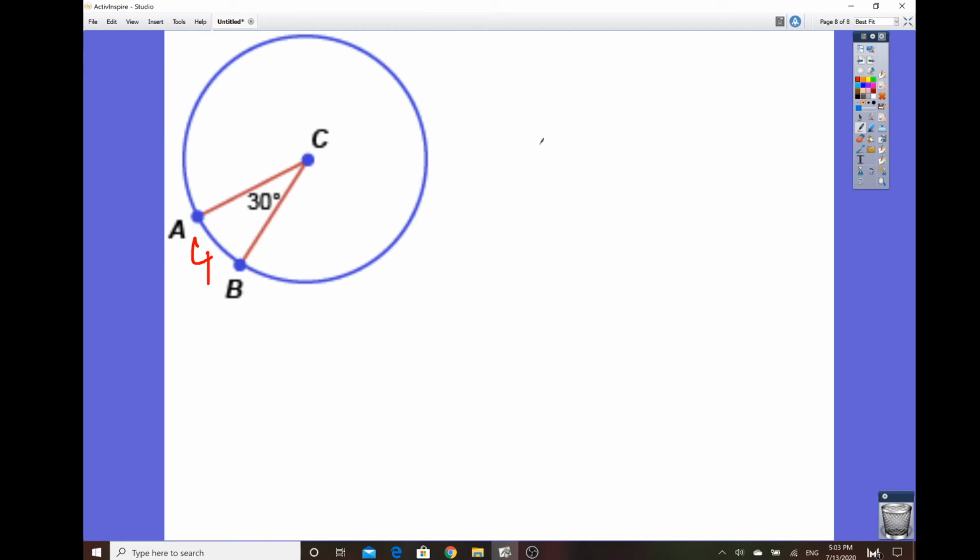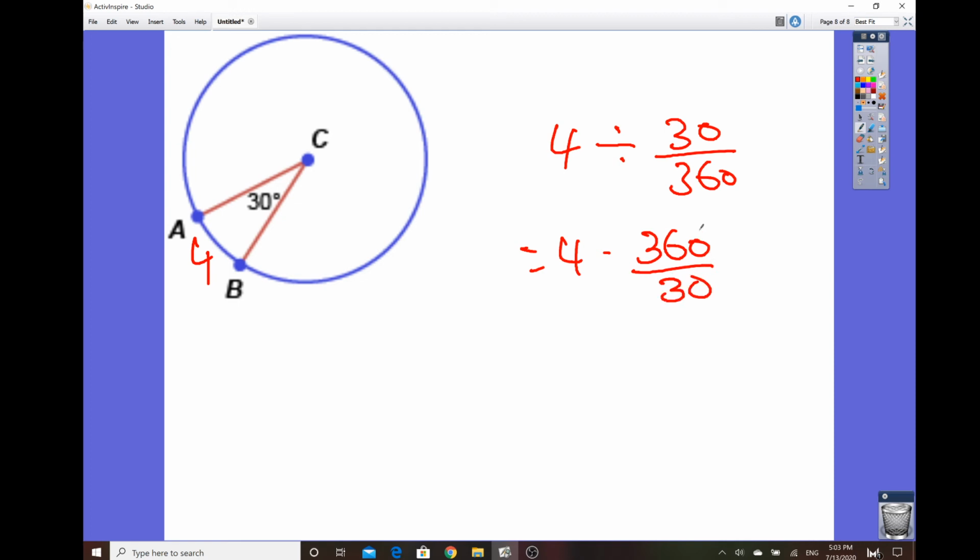But this time, guess what? We divide. So 4 divided by 30 over 360. Because 4 is just the partial arc length of the whole circle here. So multiply by the reciprocal, that's what you did in 3rd grade. Reduce, reduce. So 4 times 12 is 48. So the measure of the entire circumference here is 48.